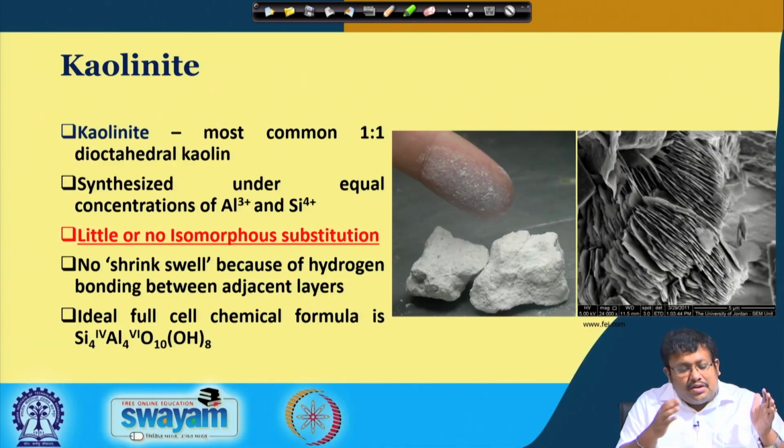The kaolinite is the most common 1:1 dioctahedral kaolin, and it is basically synthesized under equal concentration of aluminum and silica. You know that it has little or no isomorphous substitution.